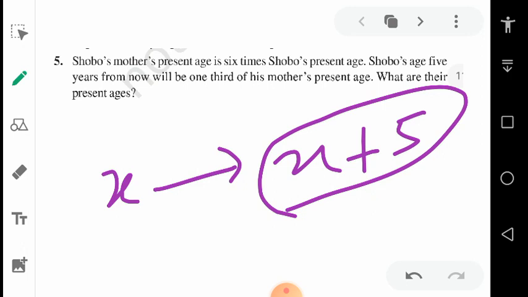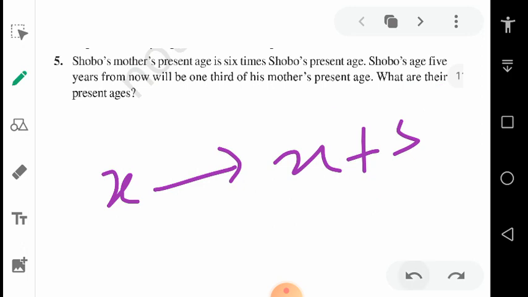Some other words are given instead of addition or subtraction. For addition it is given that more than. If you see more than, you have to do addition. If you see 3 times or 4 times, you have to multiply. In a similar way you can make an equation.